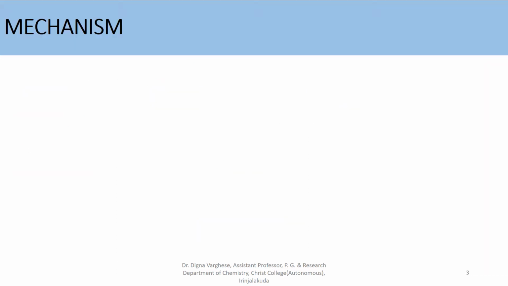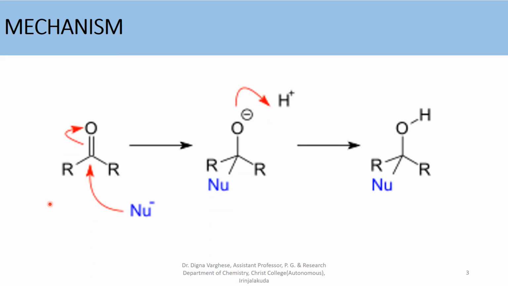Mechanism of nucleophilic addition reactions of aldehydes and ketones. Here you can see the general mechanism of nucleophilic addition at the carbonyl group, which involves two steps. In step 1, the nucleophile, that is Nu minus, attacks the electron deficient sp2 carbon of the polar carbonyl group.